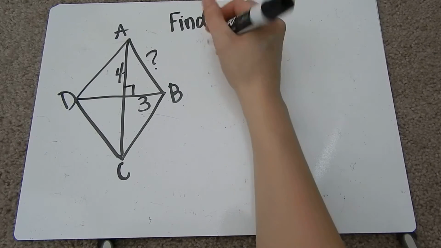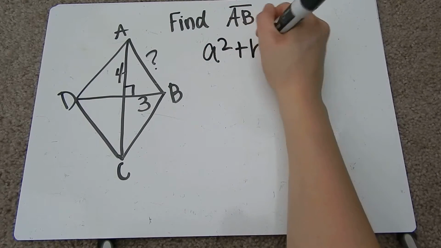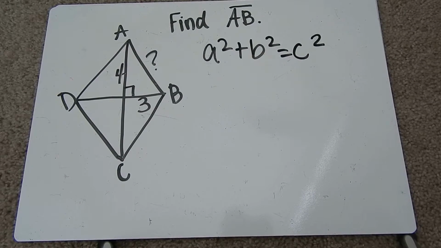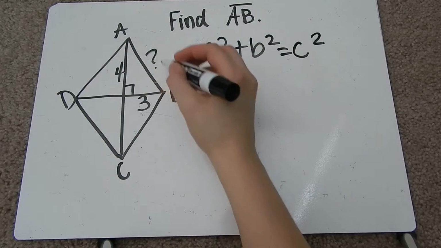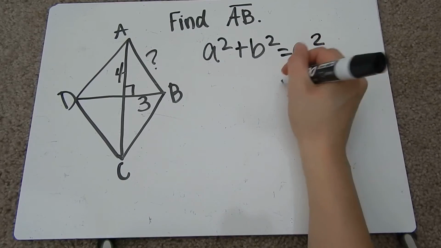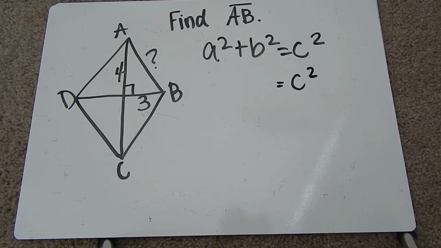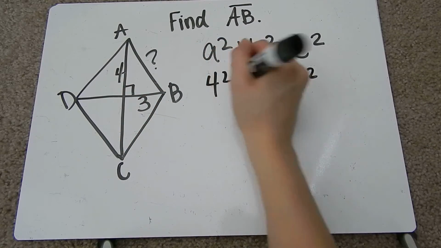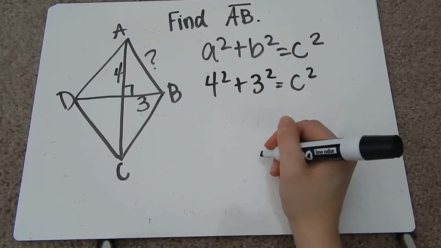So we can use a squared plus b squared equals c squared to find our missing side. So our missing side is actually this c squared, or the c. So I'm going to leave that. And a and b, it doesn't matter which is which. So 4 squared plus 3 squared.